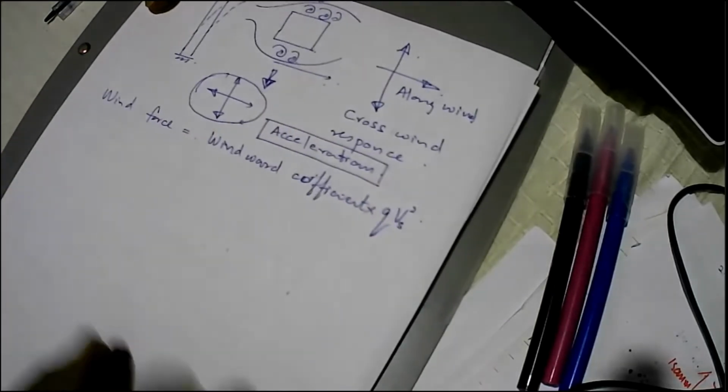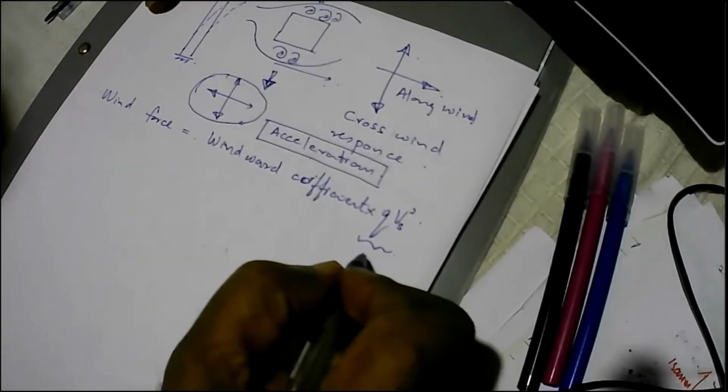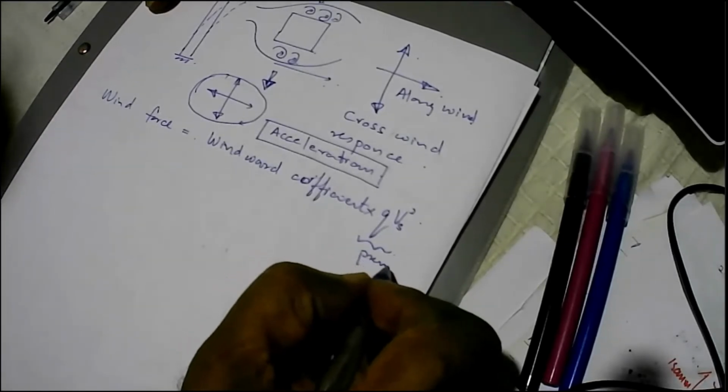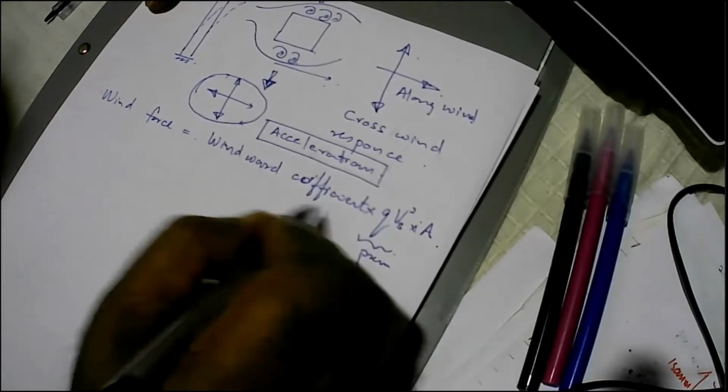So that is the pressure multiplied by area. And here you get a windward coefficient.